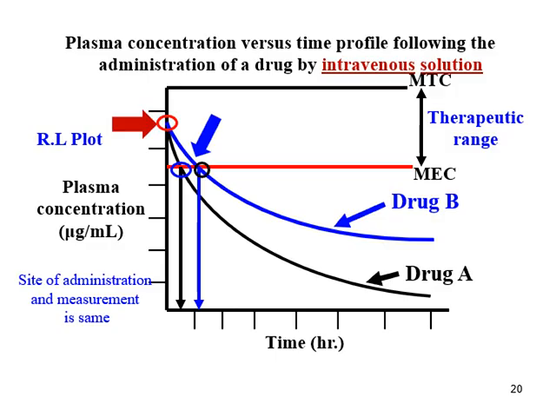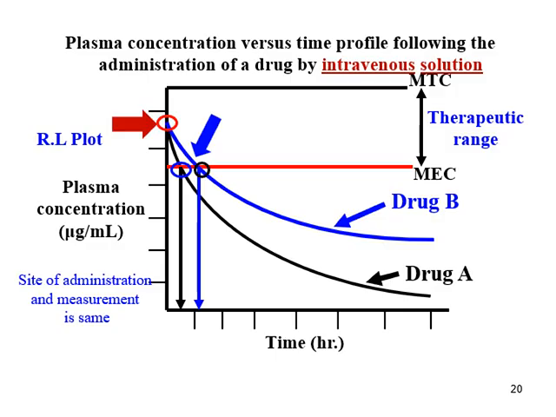And this plot is a log plot, and the site of administration and measurement is the same for drug B and A. But if you look there, both drug B and drug A curves don't have the absorption phase, right? But because they have the same MEC, their onset of action is slightly different.